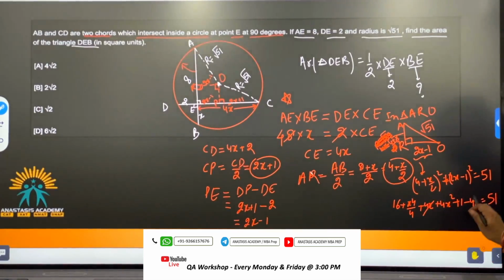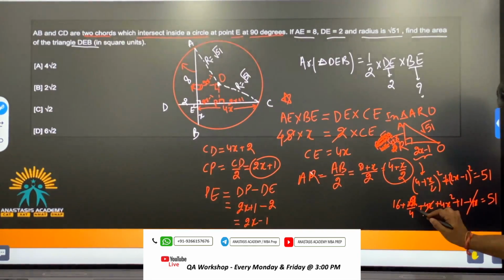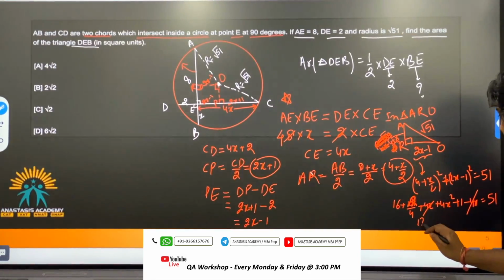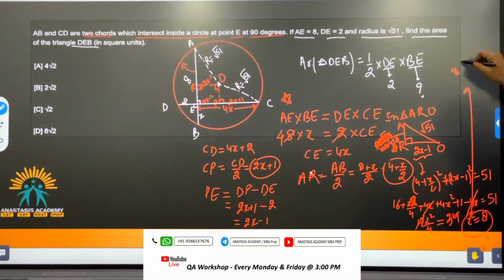Solve this equation. The 4x gets cancelled. 4x square plus x square by 4 becomes 17x square by 4, equal to 51 minus 17, that is 34. So I get x square as 8, and from here the value of x is 2 root 2.